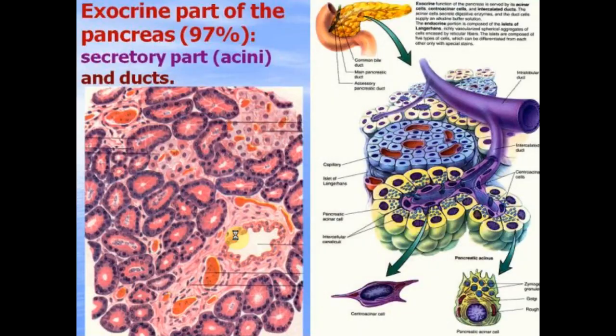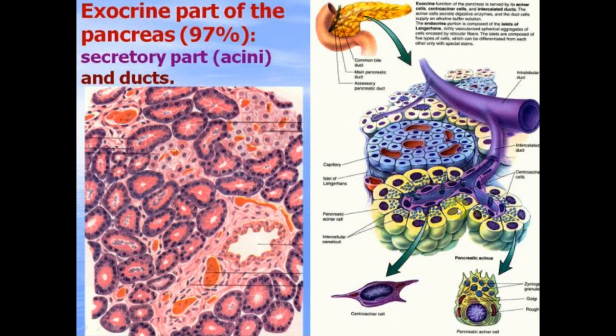The exocrine part composes 97% of the parenchyma. It is a compound tubular-alveolar gland which consists of secretory portions which produce the secretion and ducts which release the secretion. Every acinus is a vesicle lined by acinocytes, secretory cells.